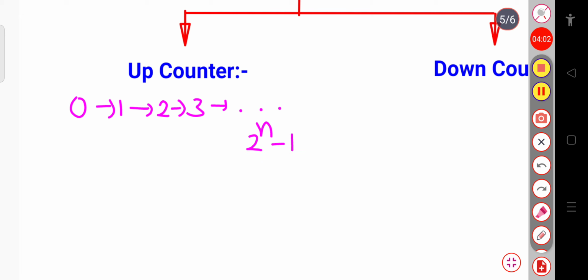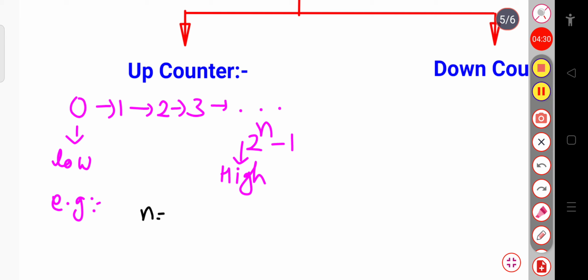This is from low to the high value. So the basic function of the up counter is to count from the low clock pulse to the high clock pulse. Suppose for example you are using n equal to 2 flip-flops.